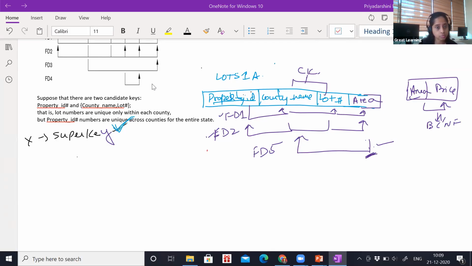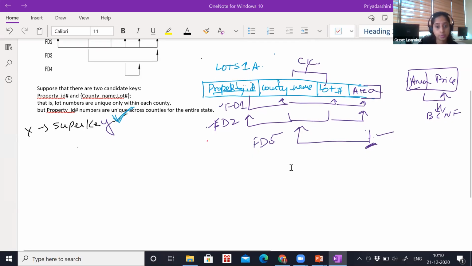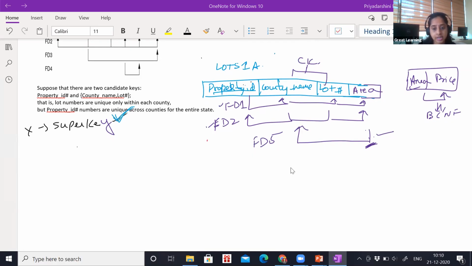But now think about dividing it. Can you break it? If you break it, what problem will arise? Let me see who will tell me. Try to make FD5 and lots 1a separate.